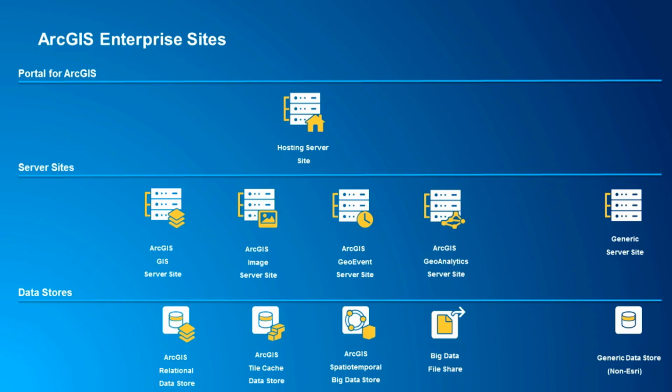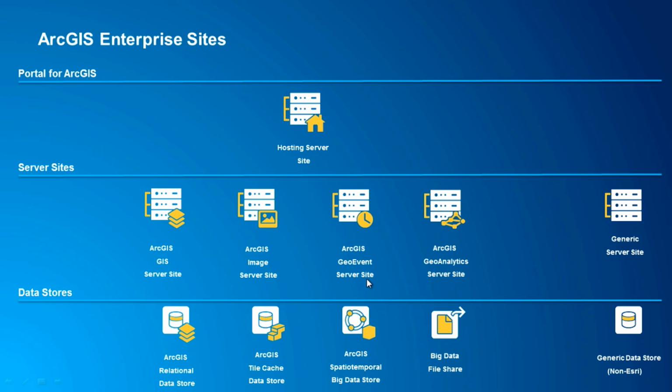Central to this is your Portal for ArcGIS and its hosting server, which would be your hosting server site, the base. In addition to that, you can have one or more ArcGIS Server sites specialized for the role that you desire. We went through the image server, GeoEvent, GeoAnalytics, and the generic ArcGIS Server site. All of these can be deployed through Cloud Builder as well.